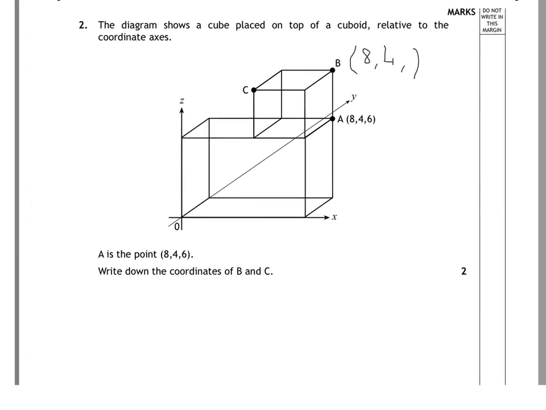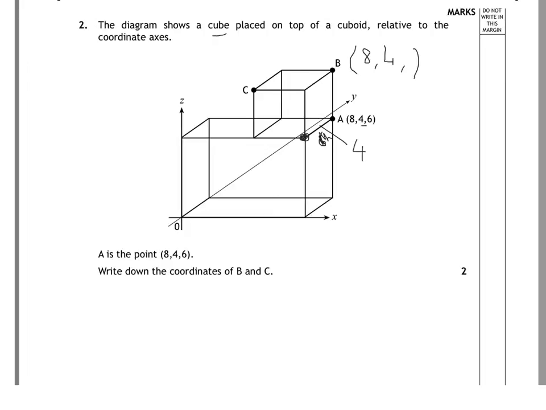Now, to get my z coordinate, that is the height. I'm told that this shape up top is a cube. I can say with certainty that the length of one side of the cube is definitely 4. That's because the y coordinate at the front must be 0.